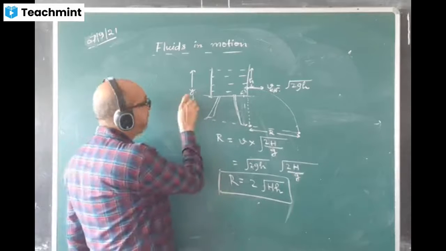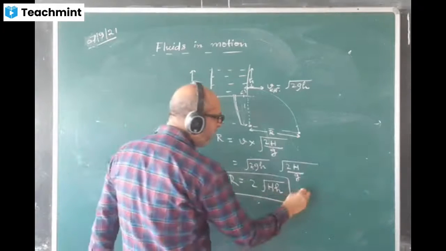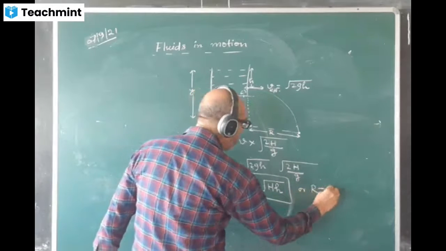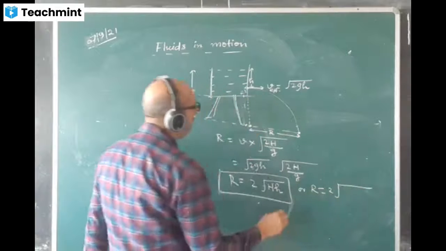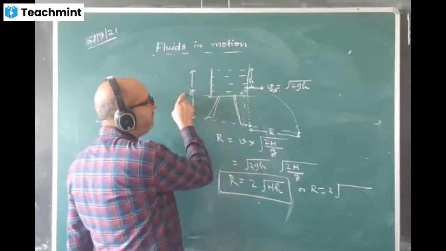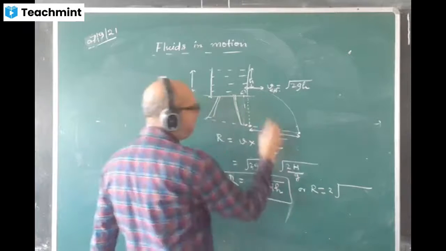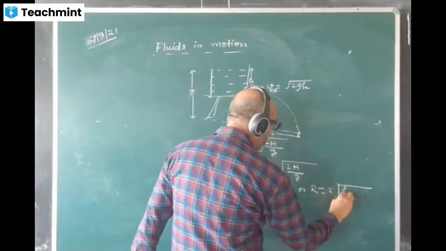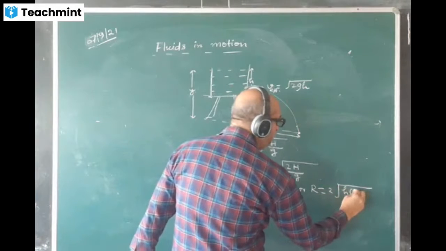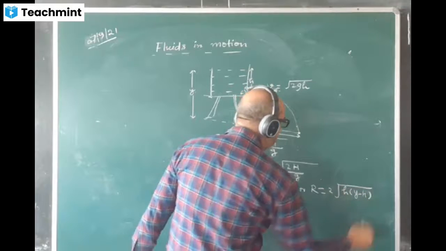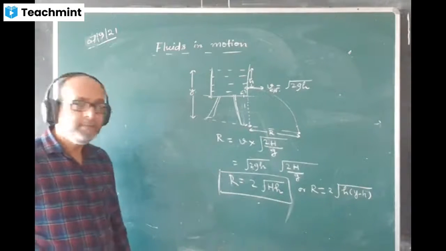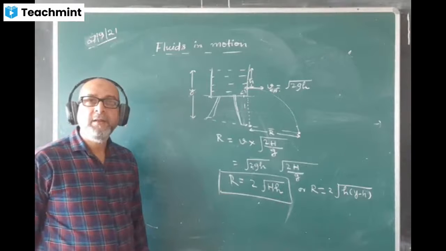Then with respect to this, the formula will be R is equal to 2 root of h into (y minus h). Here the capital H value will come as y, and small h stays.